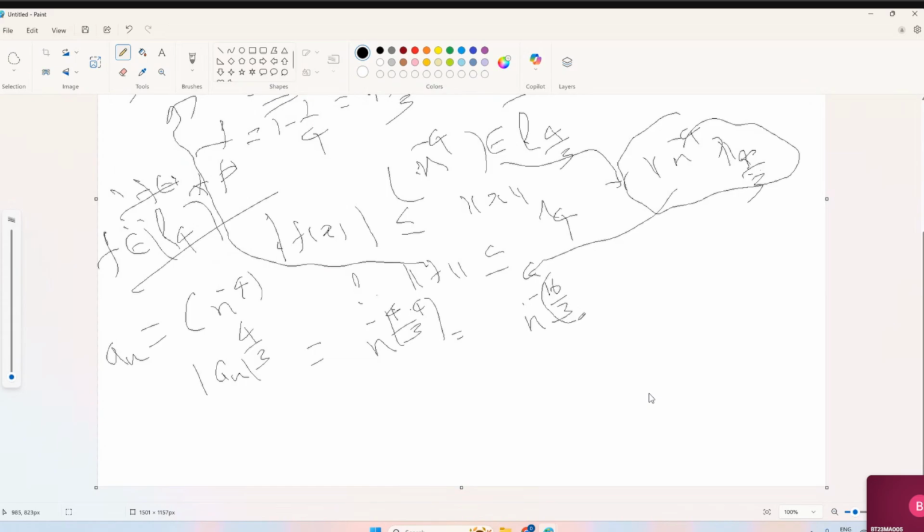Now call this as some number, this is greater than 1. Therefore, summation of a_n raised to p prime is finite. Therefore, this sequence n raised to minus 4 will be in L p prime, 1 over p prime equal to 1 minus 1 by 4. Is it clear?